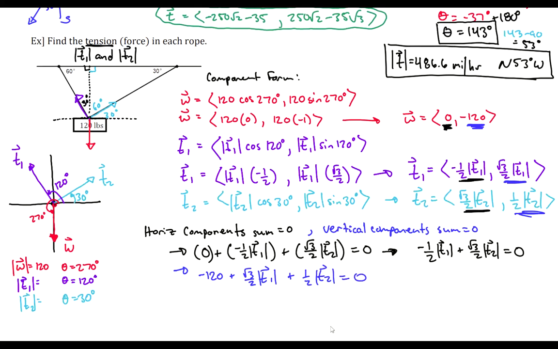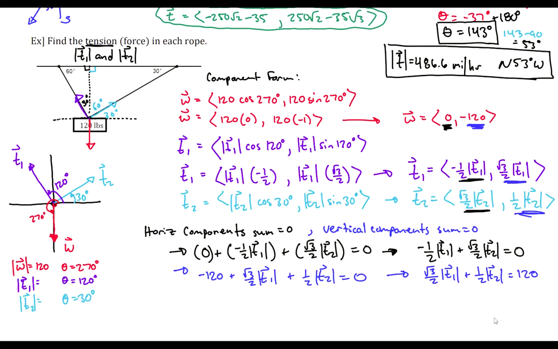All should add up to be 0. And then, well, let's rearrange some things. The negative 120, I'm going to just add to the other side. So I'm going to write this as radical 3/2 magnitude of T1 plus 1/2 magnitude of T2 should equal 120. Okay, so I just rearranged some things.